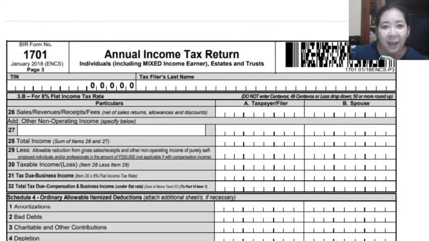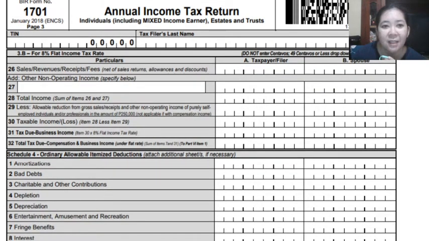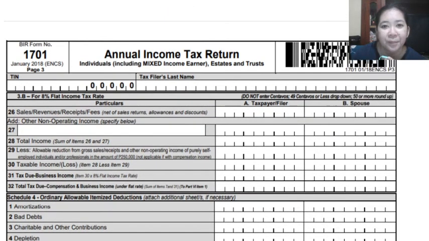In the third page, this is again for the income earned by the taxpayer through engaging or trading in business.